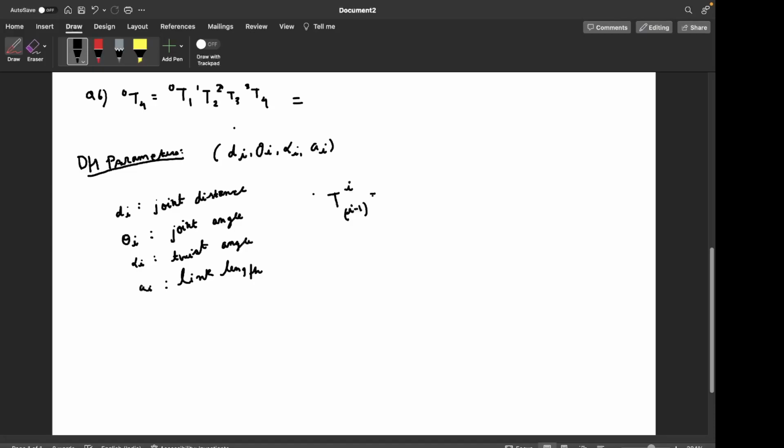Now this is given by this, which you would be familiar with. The sequence basically is the reverse of what I'm writing, so things are getting pre-multiplied. First I will write and then I will explain.